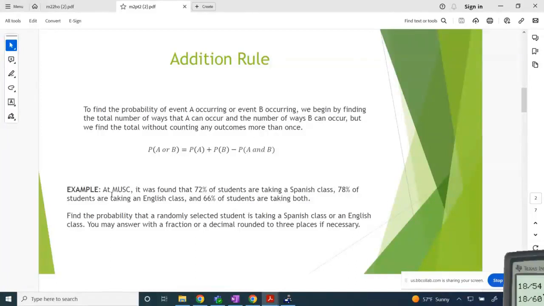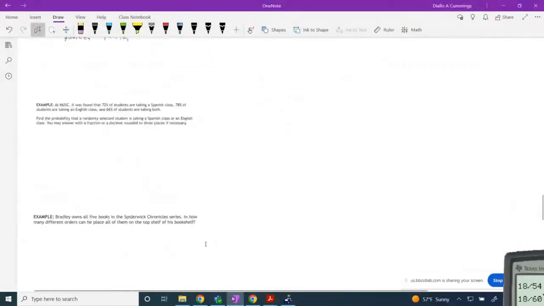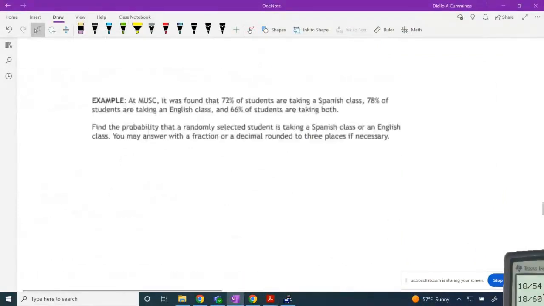Find the probability that a randomly selected student is taking a Spanish or an English class. You may answer as a fraction or a decimal rounded to 3 places. This is that same example.